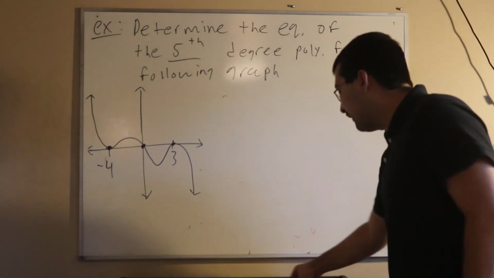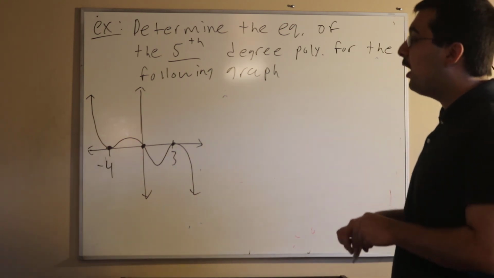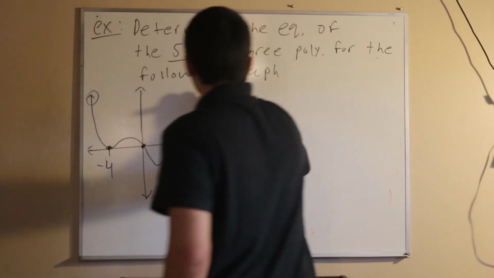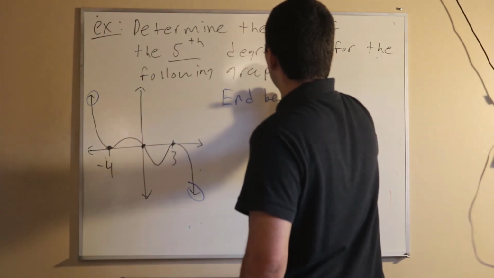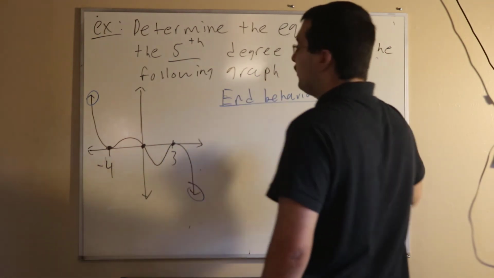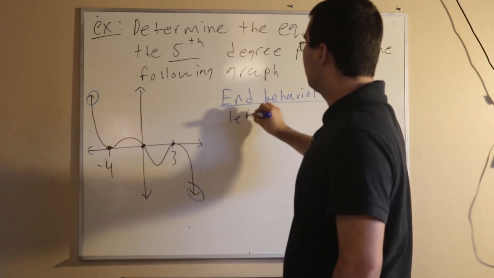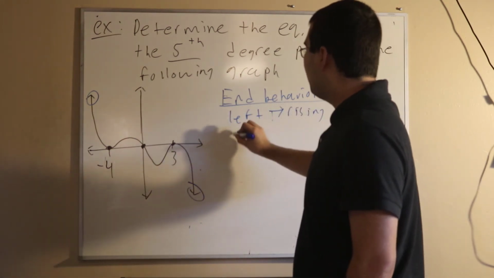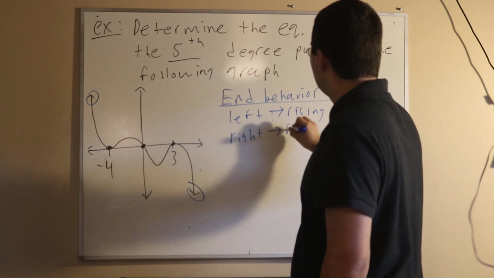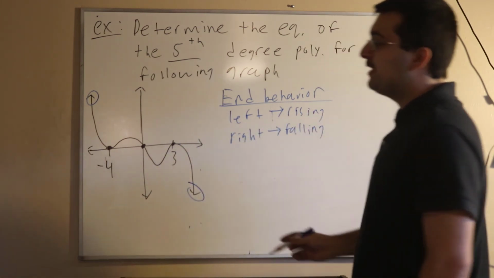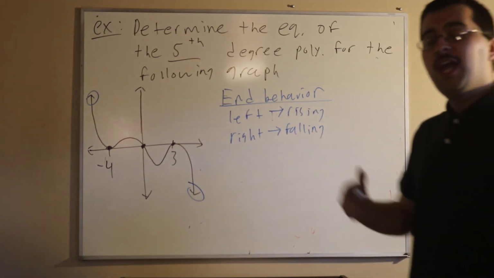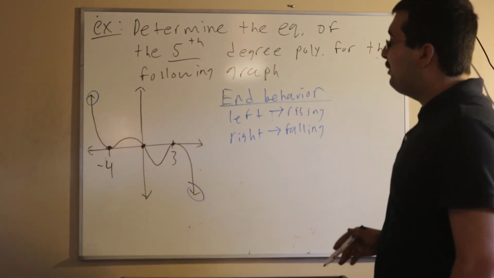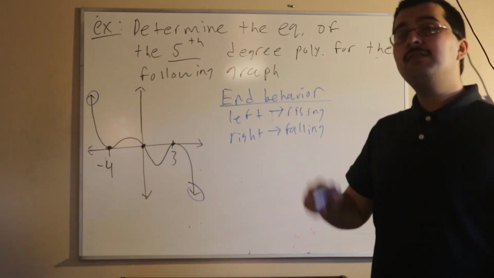So we are odd. Now, using the fact that we know we're odd, we're going to talk about the end behavior. For the end behavior, I have the left rising, and I have the right falling. Why this is important is because if we go back to the leading coefficient test, and go to the odd degree case and look at the subcases, this behavior is indicative of a negative leading coefficient.